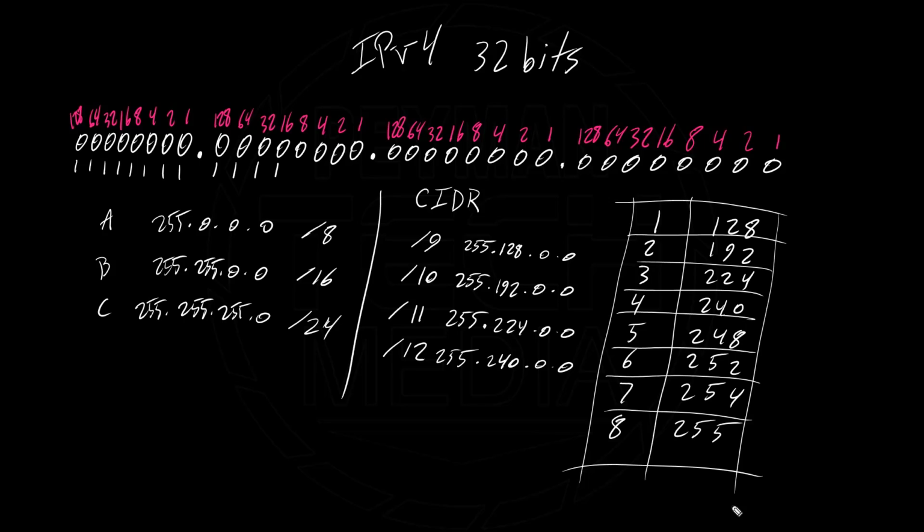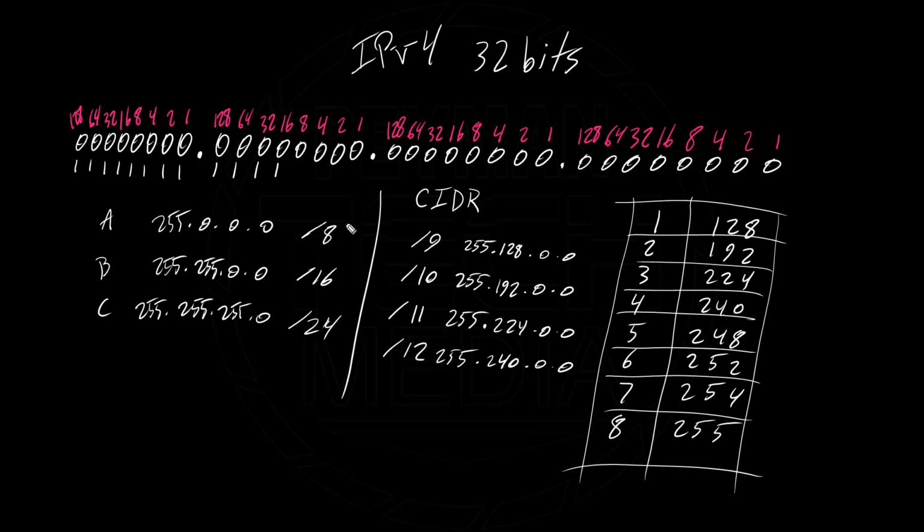For example, let's take A, B, and C, and add, let's say, 5 bits to all of them. If this is 8 plus 5, that should be 13, right?